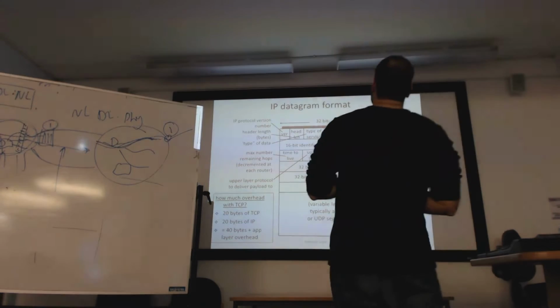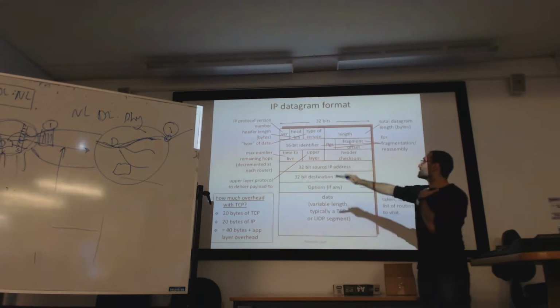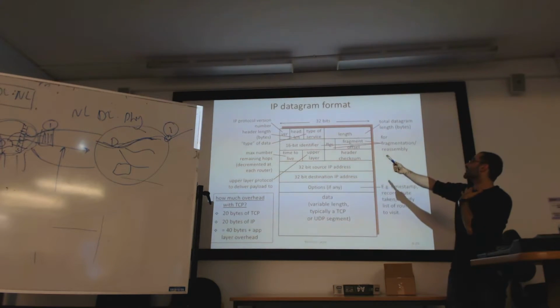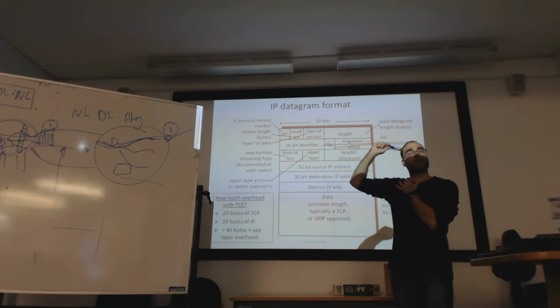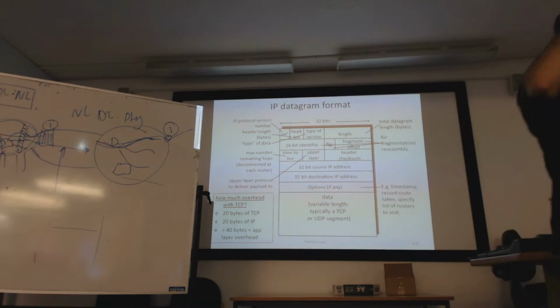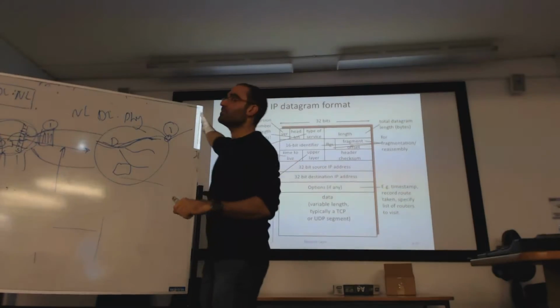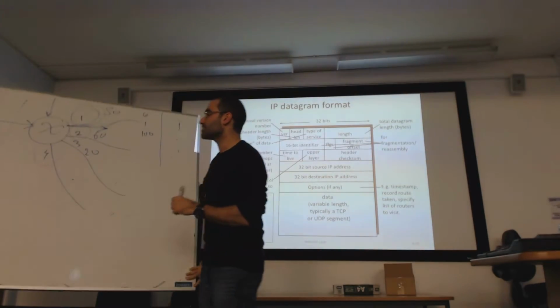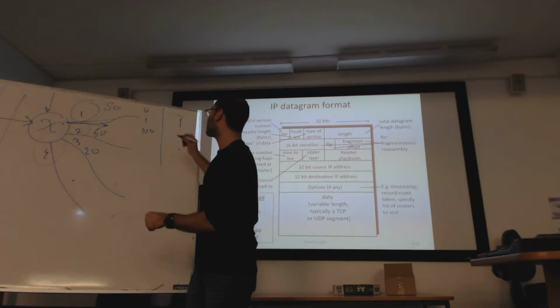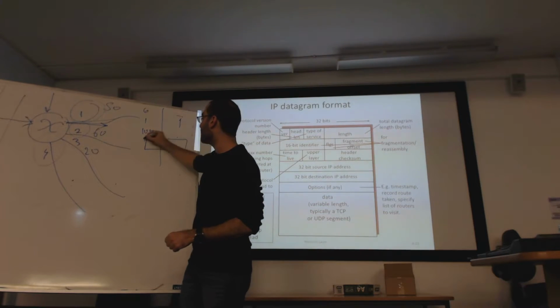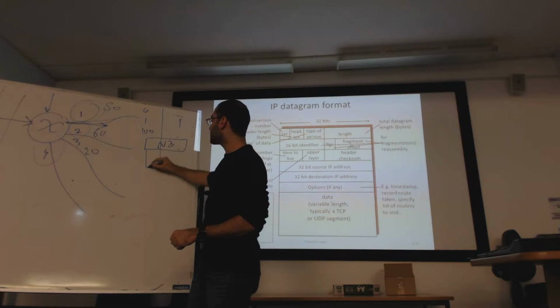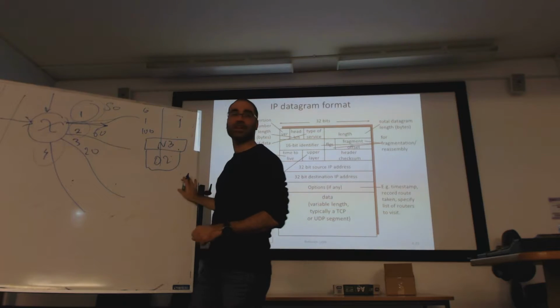Okay. Let's explain this 16-bit identifier, flags, and fragment offset. I'll ask you a question. If I'm trying to pass on information from a datagram and encapsulate it, I'm passing it on from network layer 3 towards your data link in the second layer.